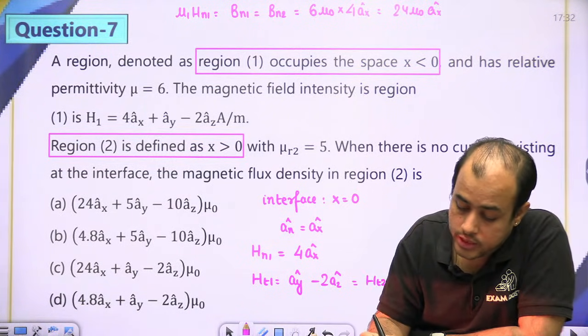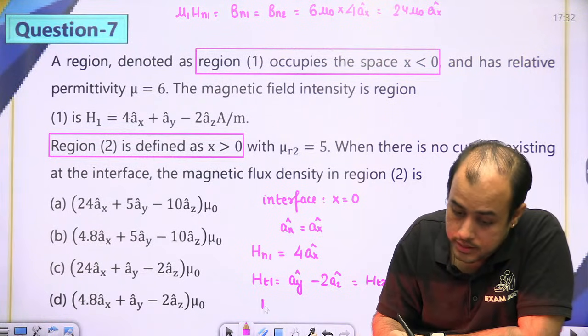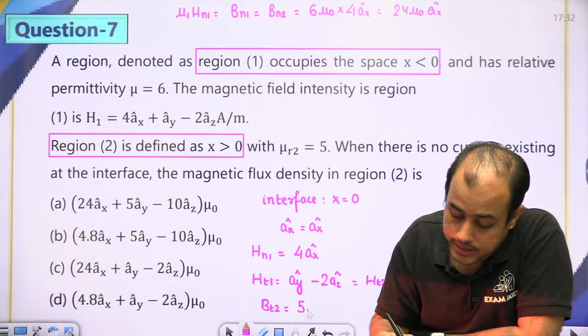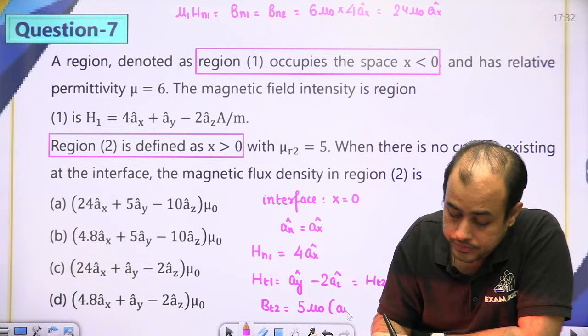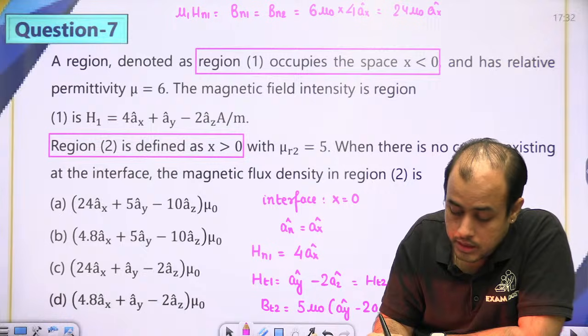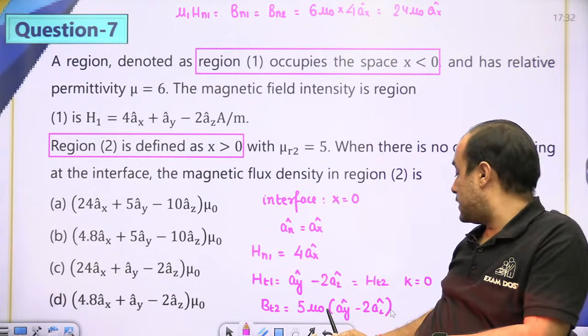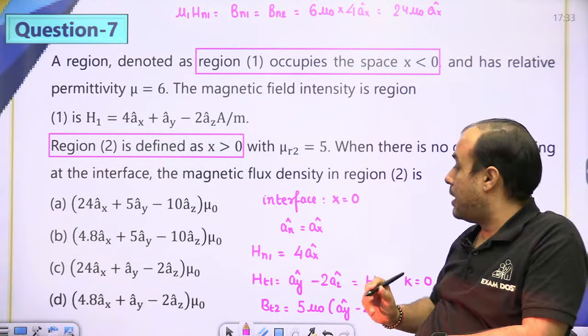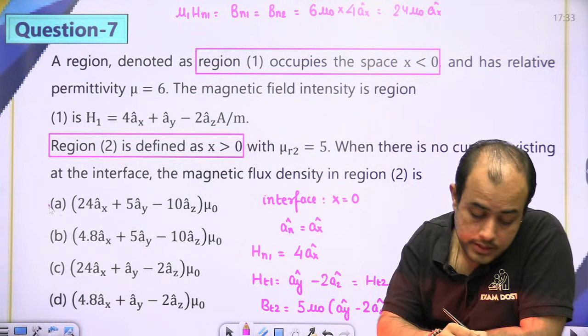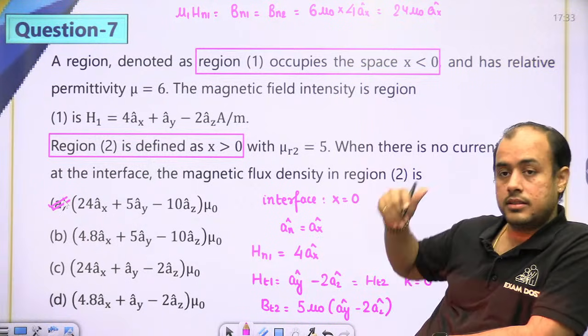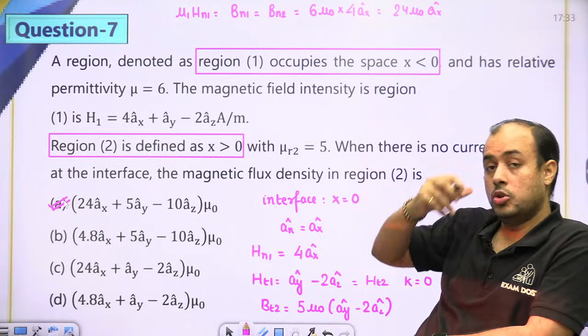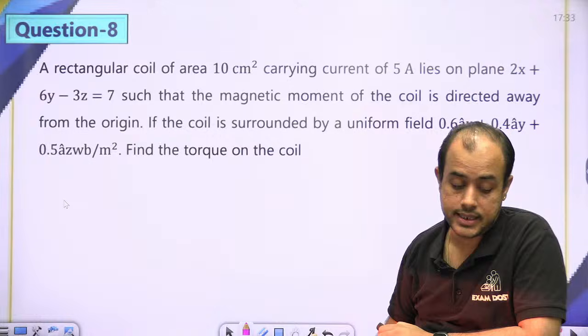HT1 is HT2 because K is 0. So what is BT2? The mu R is 5. So 24 mu naught ax plus 5 mu naught ay minus 10 mu naught. A option. Answer will be A. दोनों का सम आएगा, नॉर्मल प्लस टेंजेंशियल.